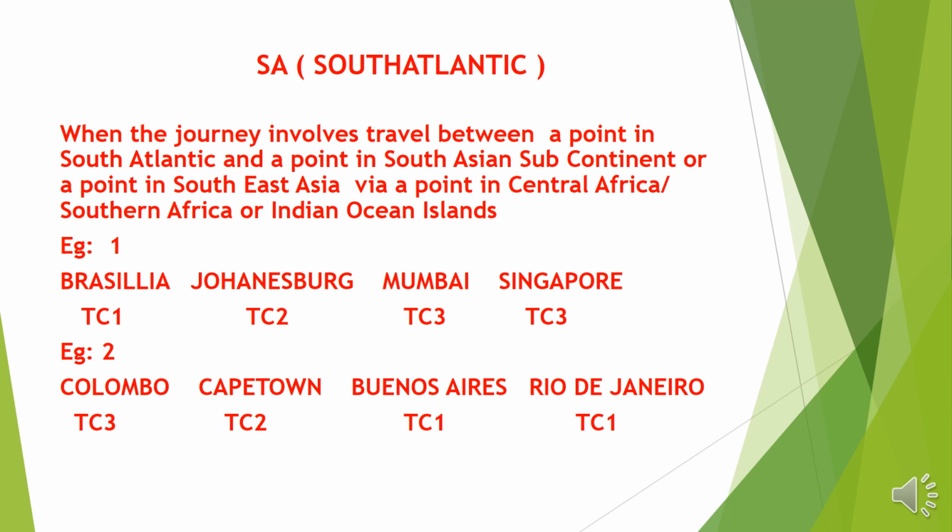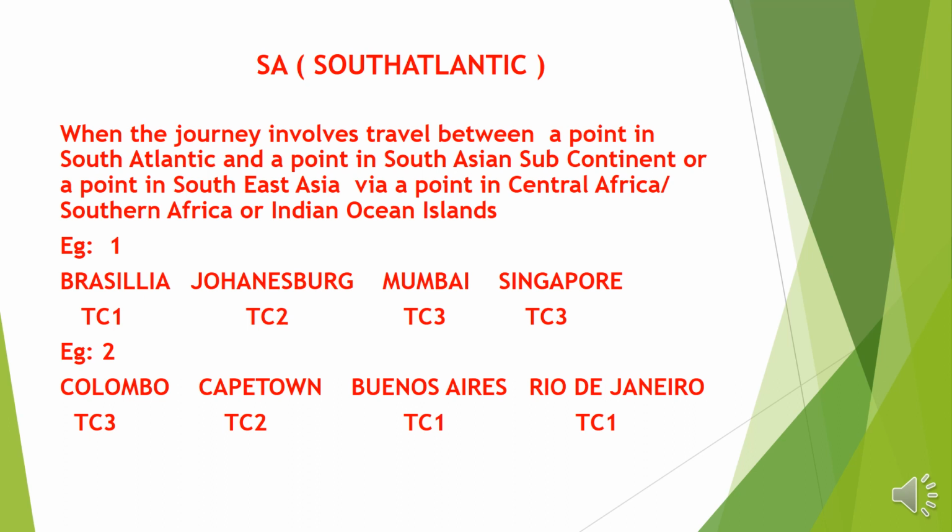Example number 2: Colombo, it's in Sri Lanka, TC3. Cape Town is in South Africa, TC2. Buenos Aires in Argentina, TC1. And Rio de Janeiro in Brazil, TC1. Now we will have a look between the origin and destination. Colombo is in the South Asian subcontinent, Sri Lanka.